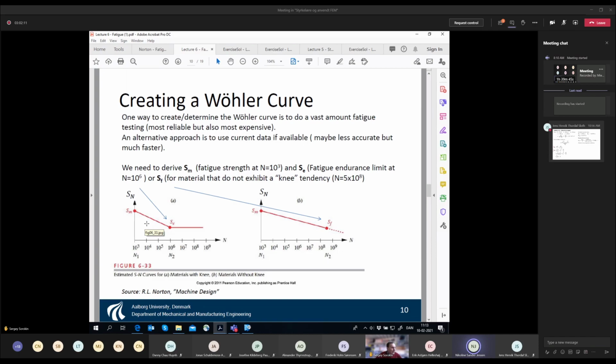So this one, we only look at beneath the red line. Yes. The point is that if you do loading at this level, then you kill your specimen at this number of cycles, n capital N1.